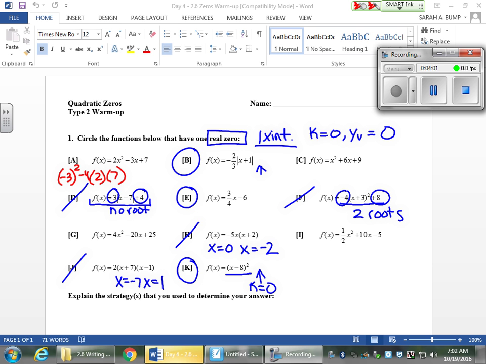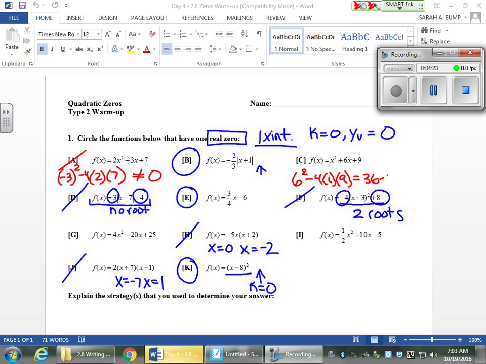I can clearly tell already that's not going to be 0. This is going to be 9 minus 56. That does not equal 0, so it will not have one real solution. It will actually be a negative number, so it will have no real zeros. They'd be imaginary.